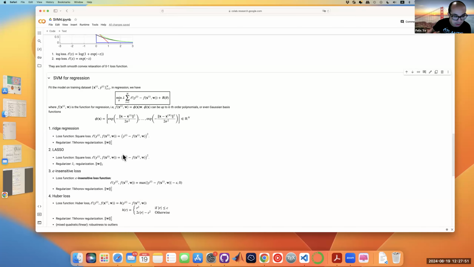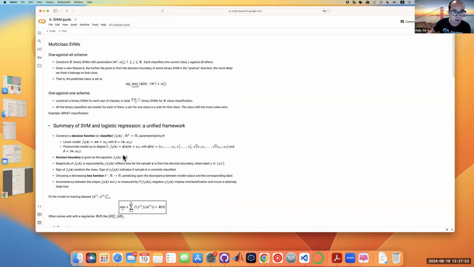Okay, so that's everything I want to talk about. Basically we combine everything on SVM, even with regression as well, with various different regularizations, loss functions, and different problems. Everything up to now can be combined into this unified framework if you need it.